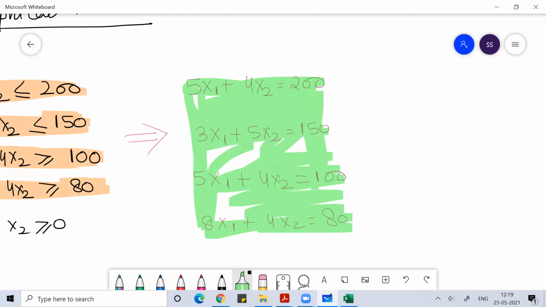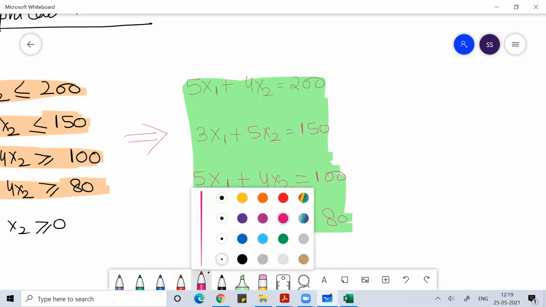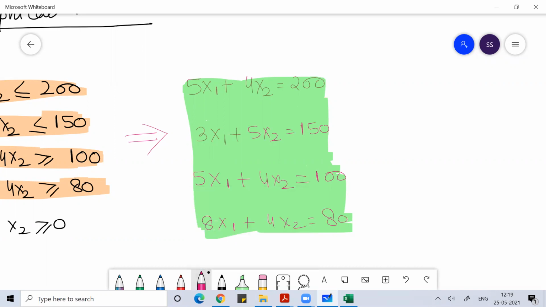Because they are linear equations, every linear equation follows a straight line curve. Every linear equation is part of a straight line, and because of that, you can find the solution of these equations.